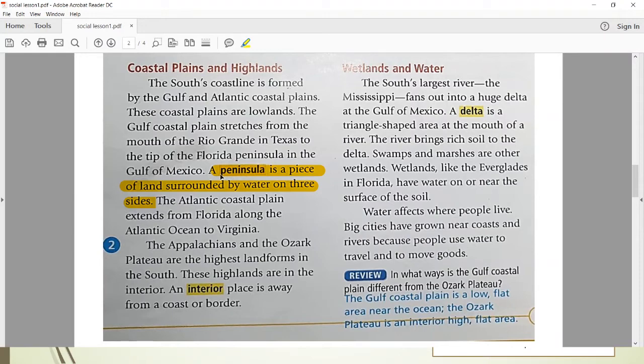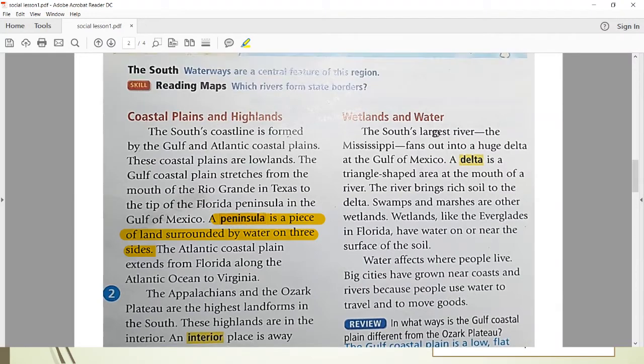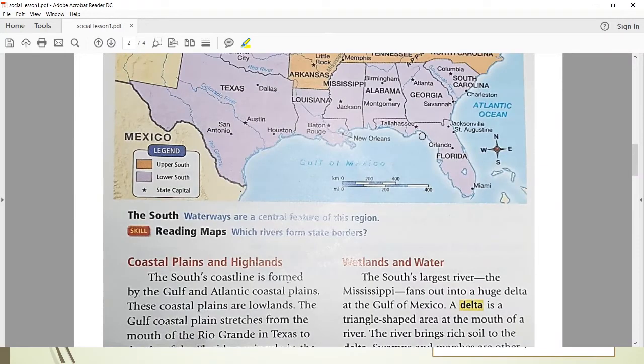And here, Florida, as you can see in the map here, Florida is actually a peninsula. So this one is water, this side is water, this side is water. Only one side is connected to land. So this is what we call a peninsula, alright? So Florida is a peninsula.